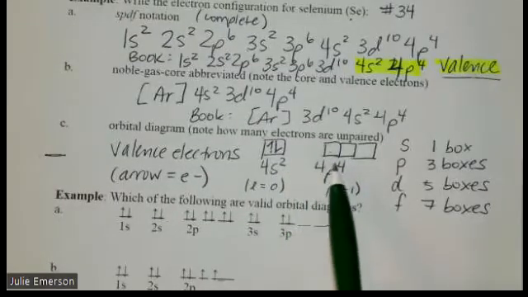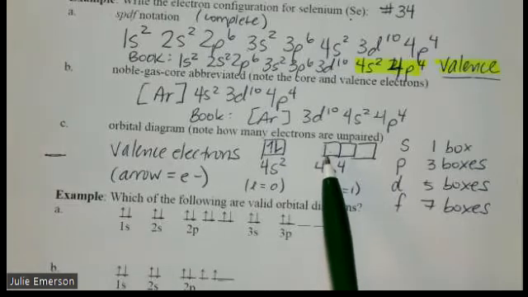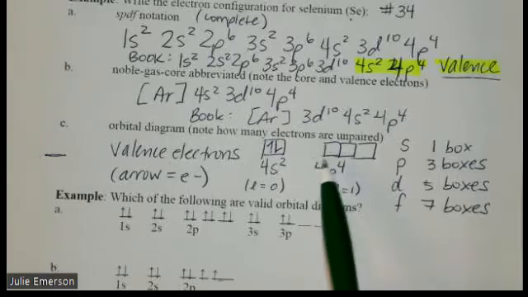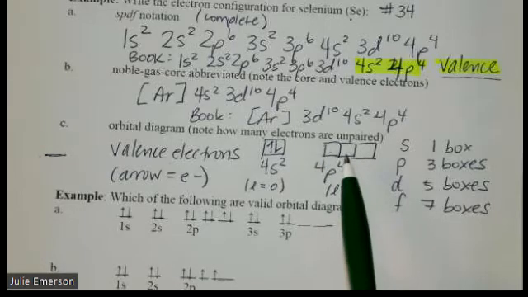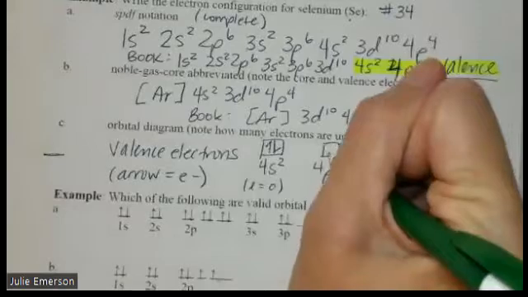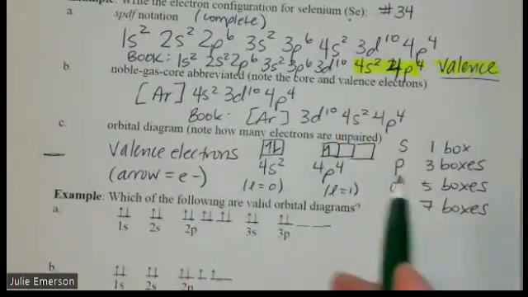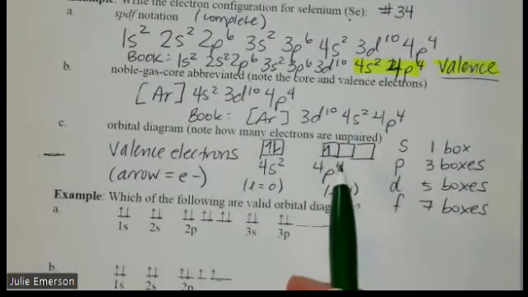So the first electron comes in, and you really couldn't tell me for sure where that electron's going to go. The electron doesn't care if it's on the x-axis, y-axis, or z-axis. It doesn't matter. So who knows exactly where it goes. But whoever made the rules said the first electron comes into the first box and it has arrow up. Again, you can't prove that part, but this is just the rules of orbital diagrams.